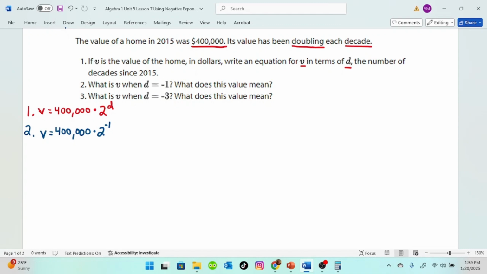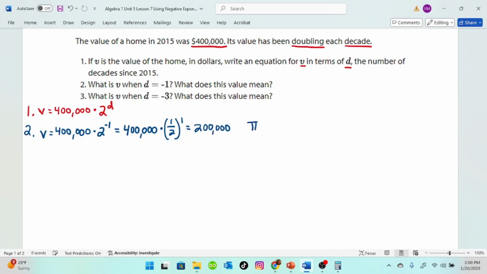Well, that negative actually means we have 400,000 times 1/2 to the power of 1. And if I multiply 400,000 times 1/2, then I have 200,000.